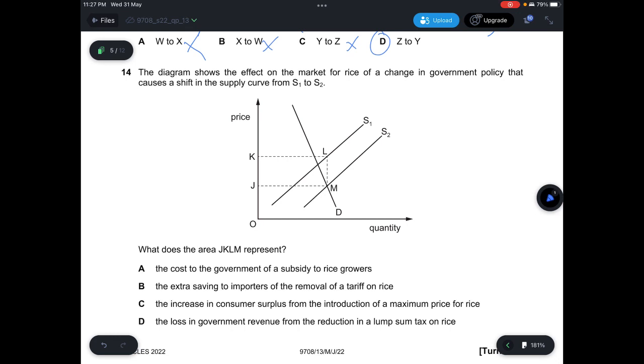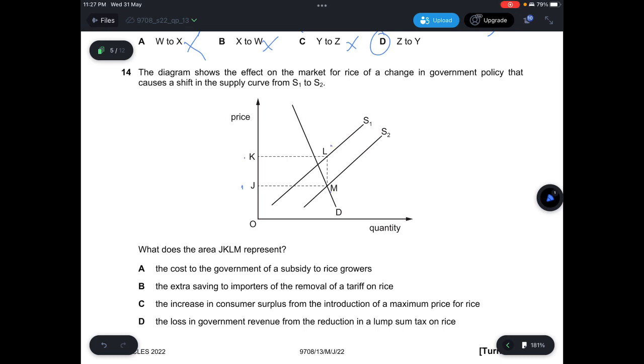A, it says the cost to government of a subsidy to rice growers. Yep, that's possible because M is the equilibrium quantity supplied after the subsidy is given. L is the same quantity, but the price of K, which would be the price before the subsidy is given. So K would be the price before subsidy and J will be the price after subsidy.